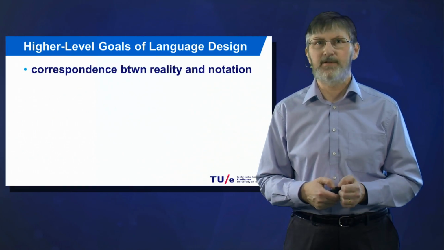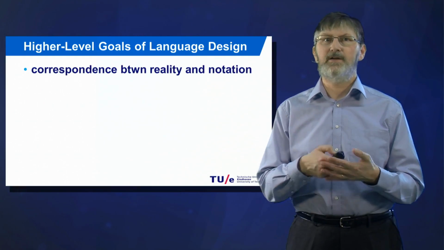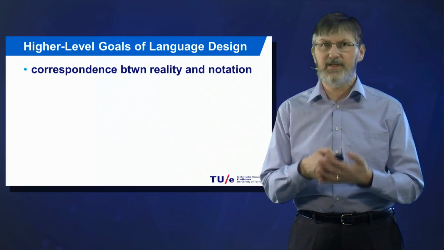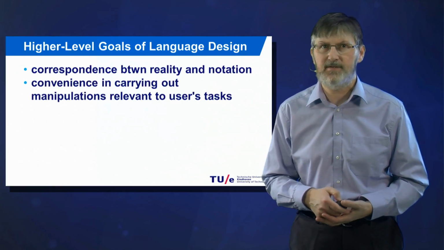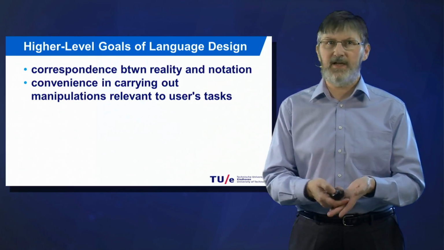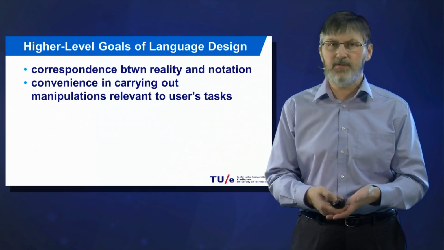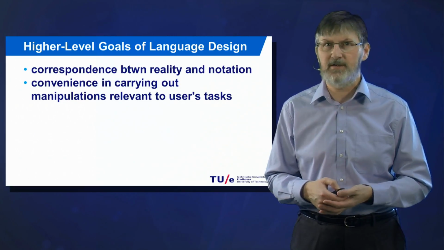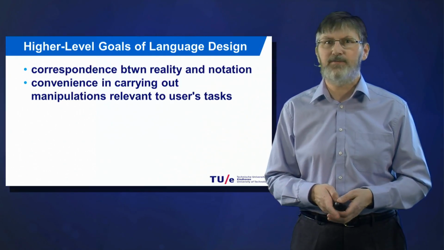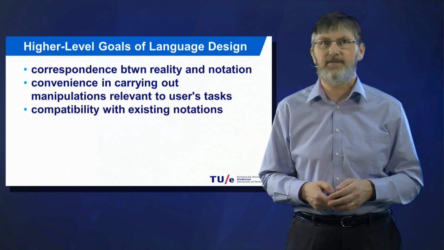The high-level goals of command language design are a correspondence between reality and the notation, such as with the print command, and convenience in carrying out the manipulations that are relevant. So for everything we want to do, we need to have a suitable command, and we don't want to have to use a series of commands to achieve a simple task.